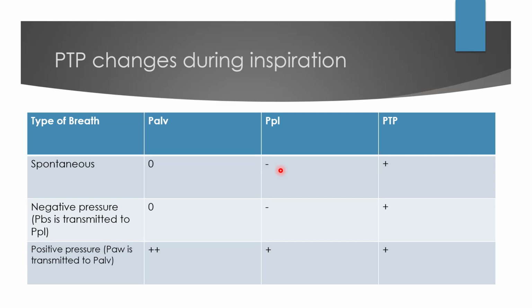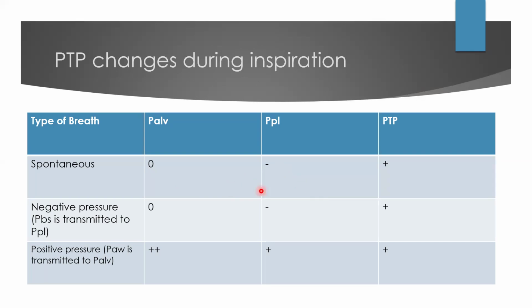In normal spontaneous breathing, the pressure at the airway opening is 0, and when the pleural pressure drops and the alveolar pressure also becomes negative, there will be flow of air from the airway to the alveoli.